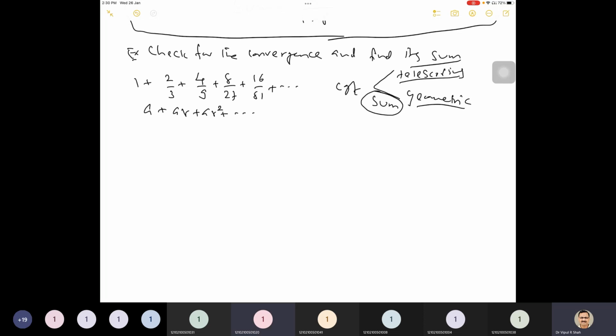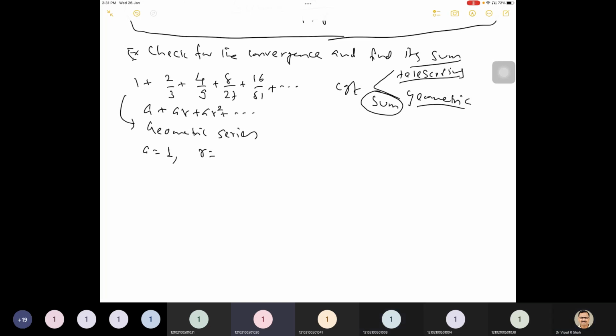So divide the second term by the first term, and the third term by the second term; if you get the same r, then it is a geometric series. You can see that it is a geometric series. Once it is geometric, you should find a, the first term, and then find the common ratio. What is the common ratio here?